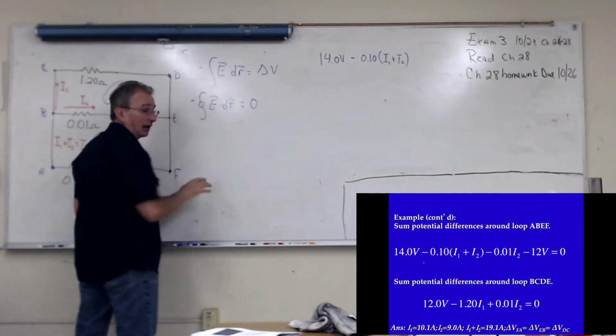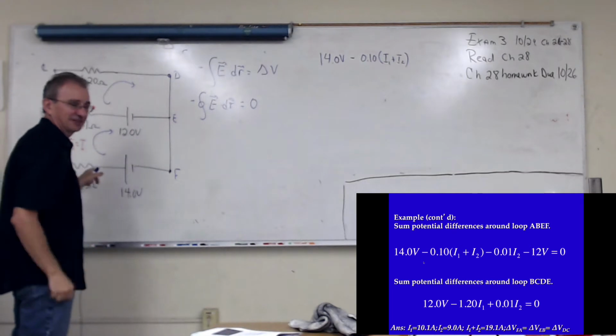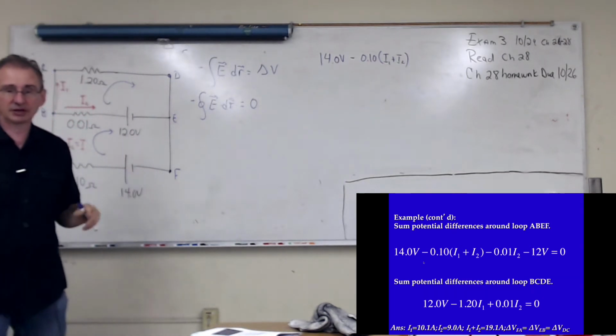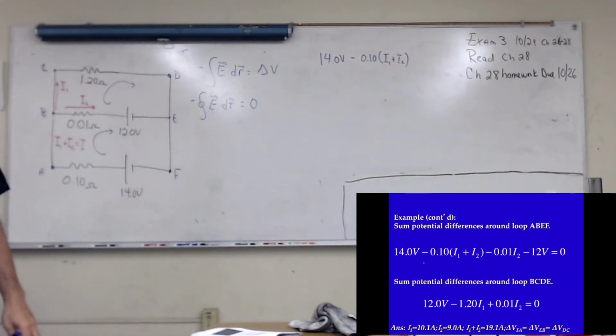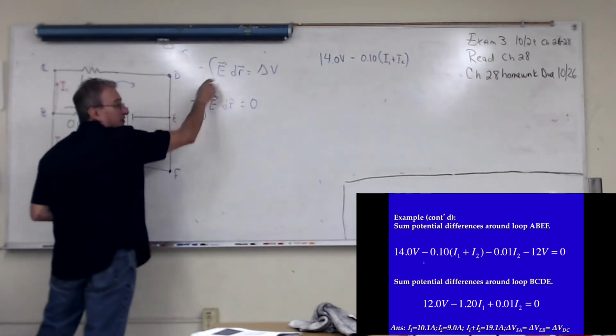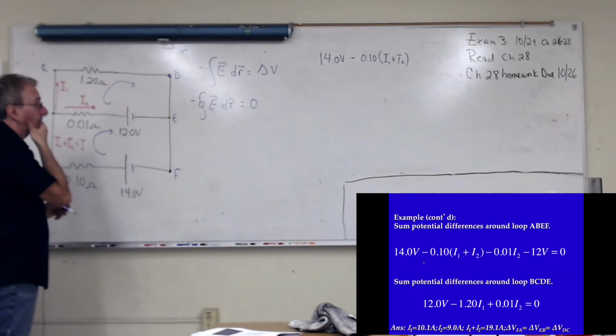I don't have to use this convention. I can say that going this way is positive, but I'm using that convention. There are different conventions that are used. I'm going to stick to a particular convention, consistent with what we used before.